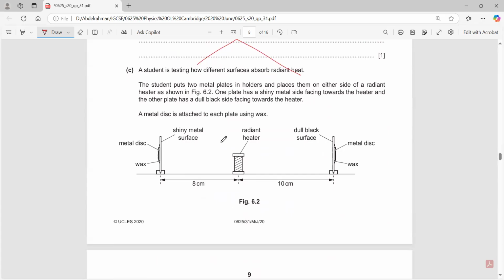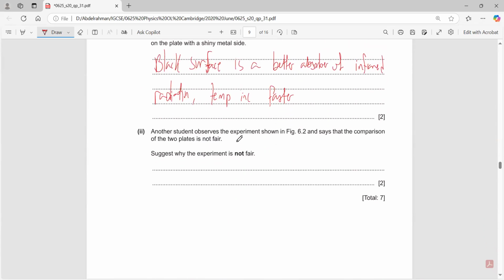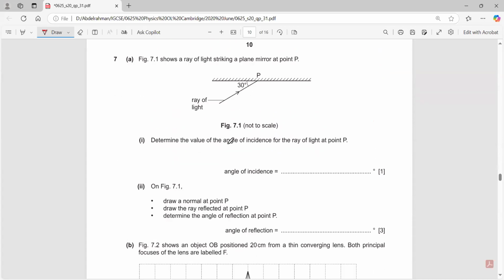You need to have constants, the controlled variables, as we say in paper six. Moving on to the next question. Why 2 marks? Because you need to state controlled variables and that the distances are equal.